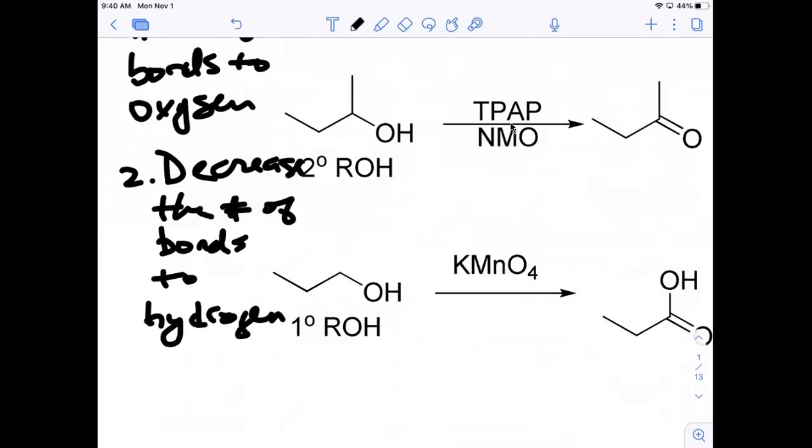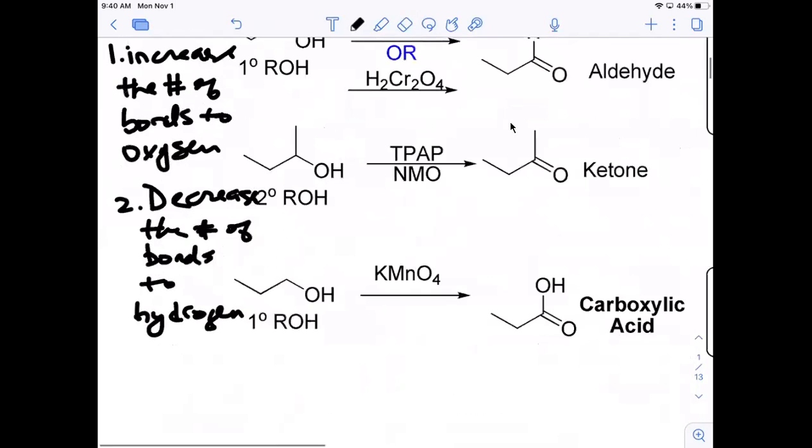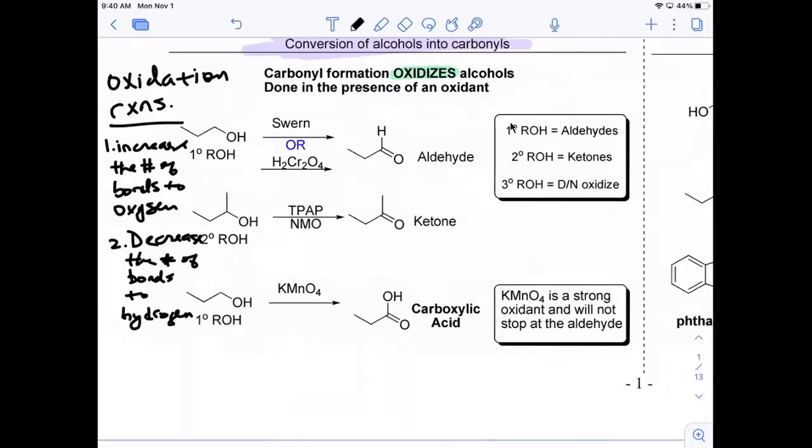Both of those are considered oxidation, and they can both happen at the same time. And in most of your oxidation reactions, you're removing a hydrogen and also creating a carbon-oxygen double bond, when you're talking about oxidizing up to a carbonyl.